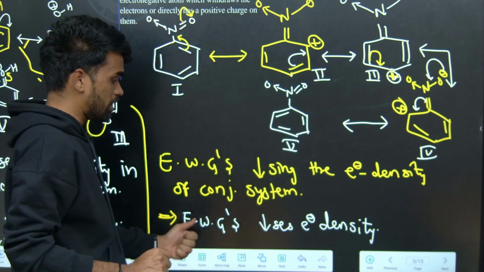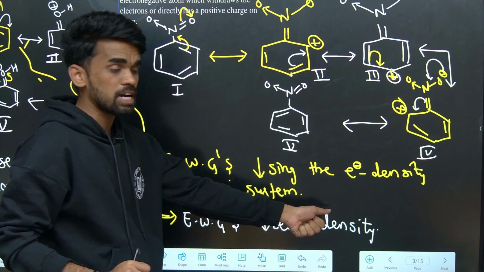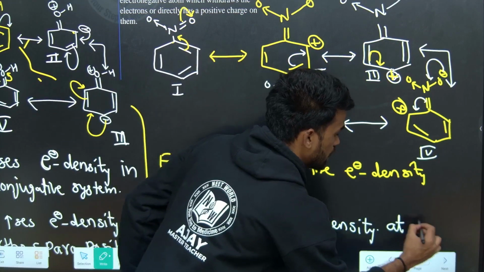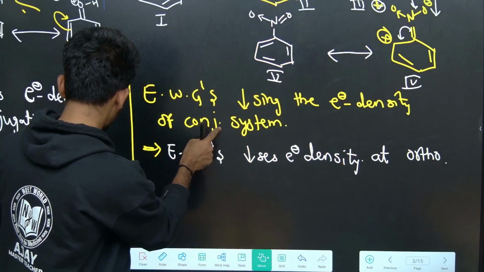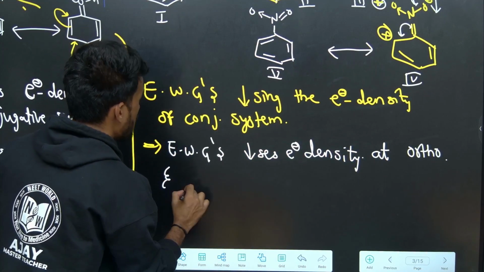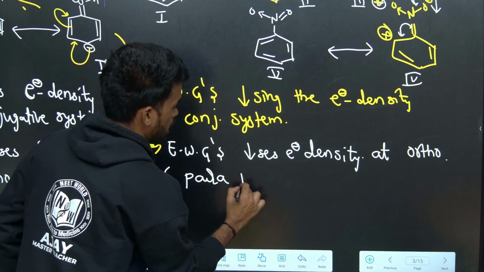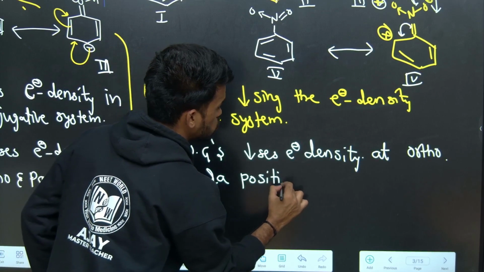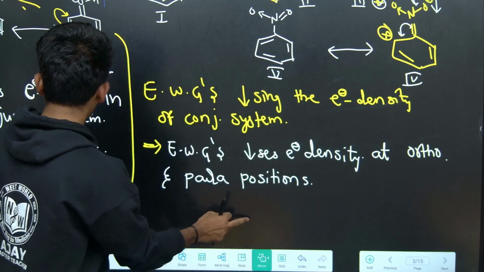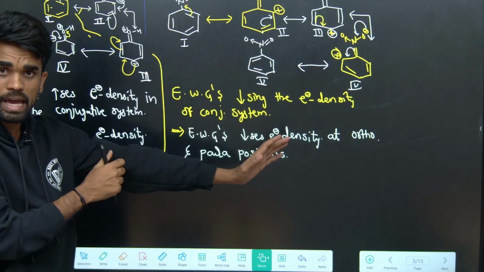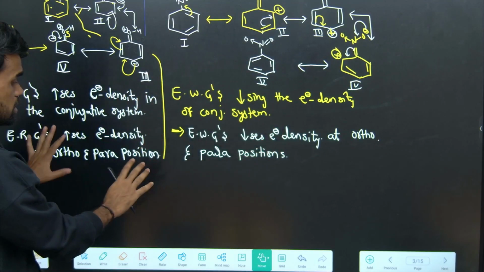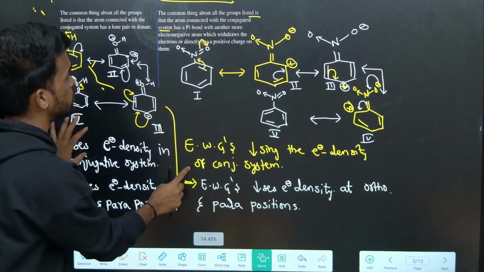So I can write: electron withdrawing groups decrease electron density at ortho and para positions. I hope these two statements are very clear, and this should be very helpful for our upcoming examples. So just go through this once again and take a screenshot if you require.